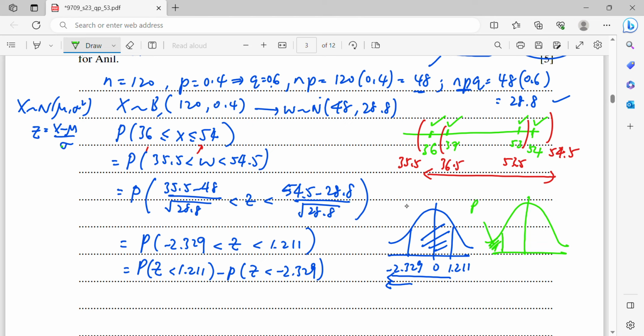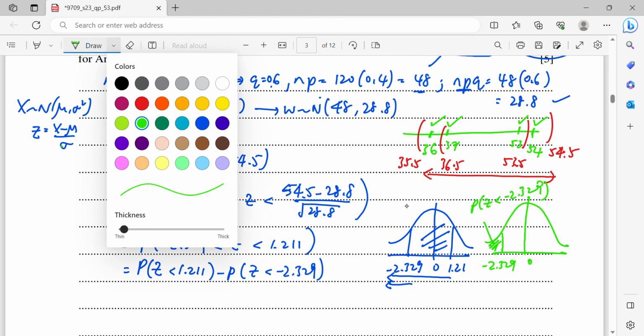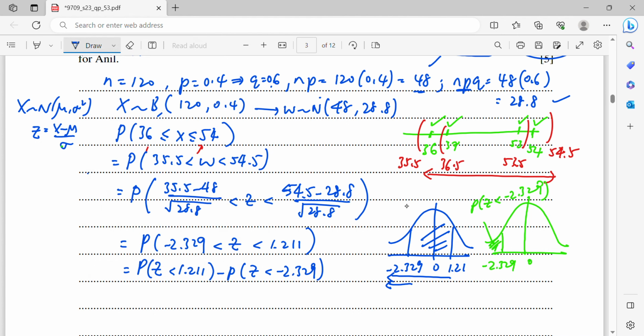This is P(Z less than negative 2.329). So the negative value, negative 2.329, will be reflected. Because it's a negative value, the critical value should be positive in order to use the table. So now I will reflect it to the positive 2.329, which is here.